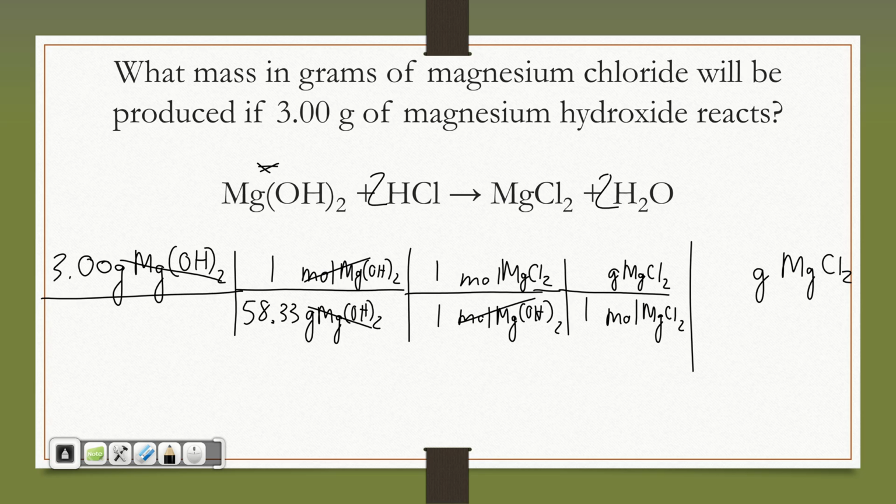That's 1. 24.31 plus 70.9, 95.21. I'm going to multiply by the 95.21 and divide by the 58.33. 3 sig figs. Whoop, this one's another one of those tricky ones where you got to round up the additional digit. 4.90 grams of MgCl2 would form.